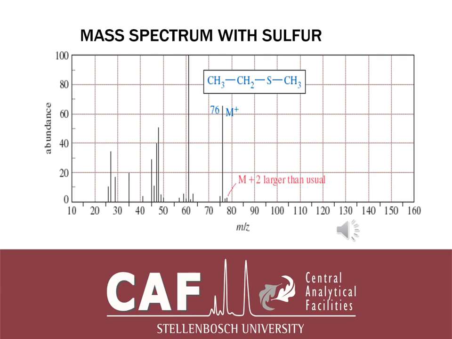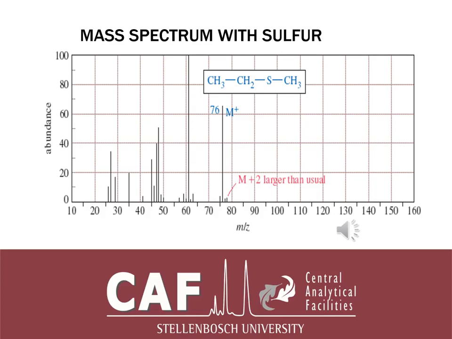If you lose the CH3 on the left there, we're left with CH2, the sulfur and the CH3. So the positive ion will first be on the CH2 after losing the CH3 on the left, and then that positive ion can be stabilized by the sulfur. It can also be stabilized by the CH3 that's left on the right. So that's why it's the most intense peak in this example.